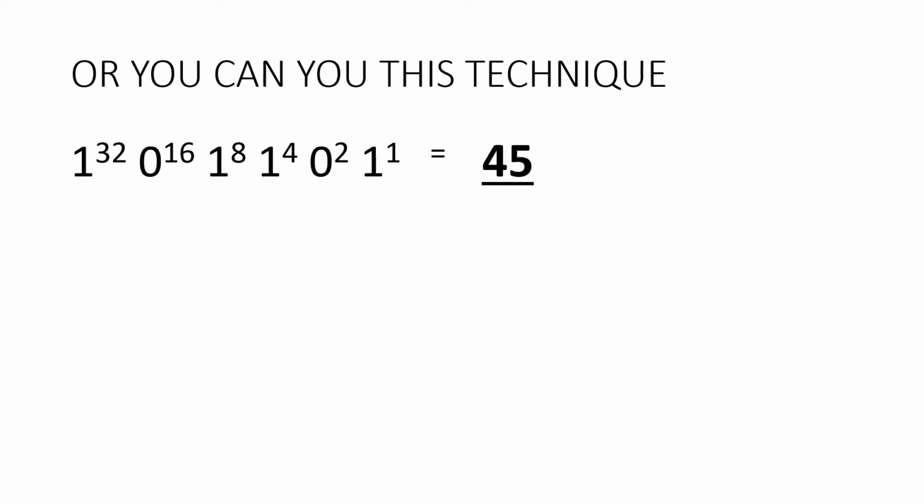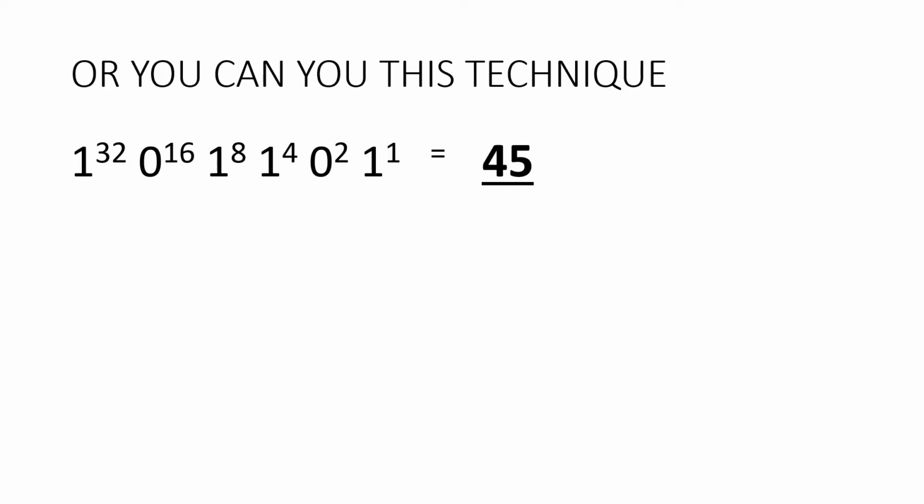So, given the binary number 101101, always remember to start from the right going to the left. Right going to the left. Okay, so start with 1. After 1 is 2.